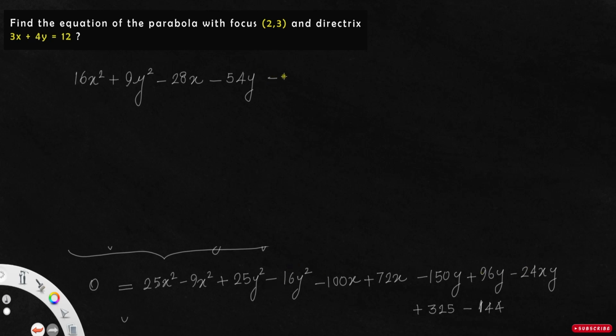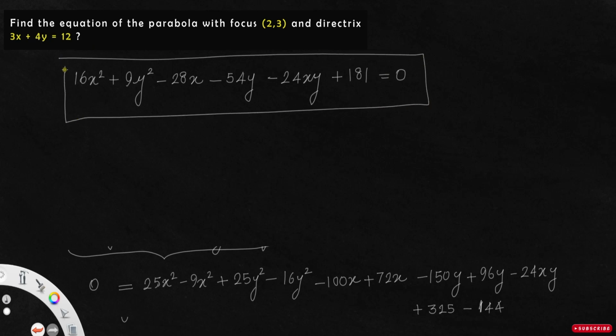Minus 24xy. Now 325 minus 144 is 181, plus 181 equal to 0. So this is the equation of the parabola. Clear? Now let's do one more problem.